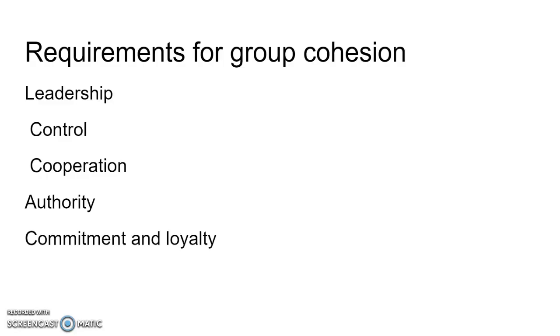Now, why do you believe that leadership is a requirement for a group or an institution in order to have cohesiveness? Now, I am sure all of us have been a part of a group, right?